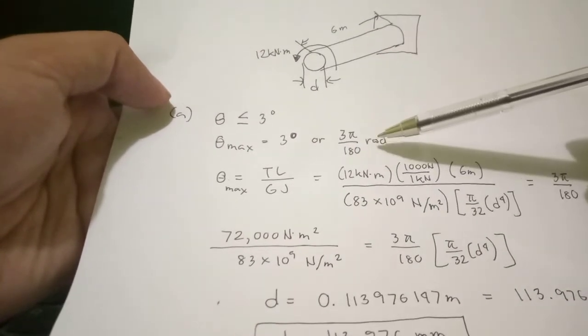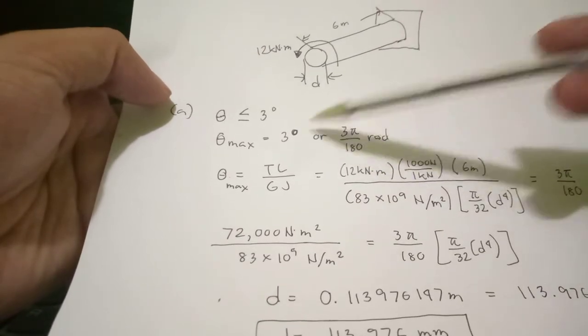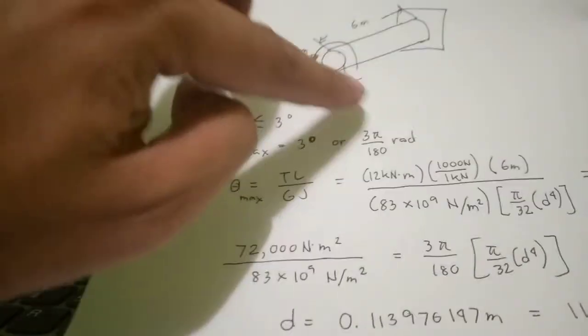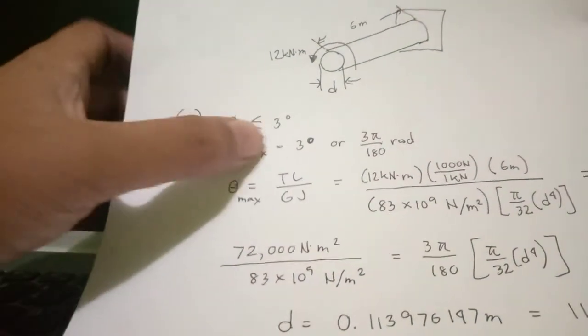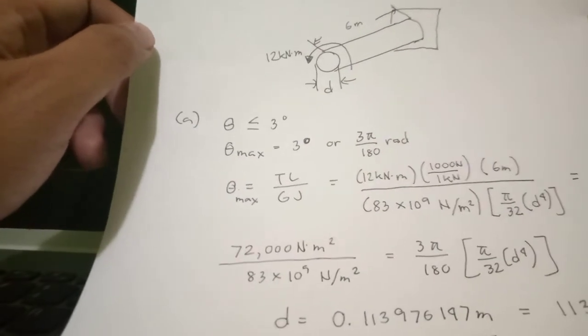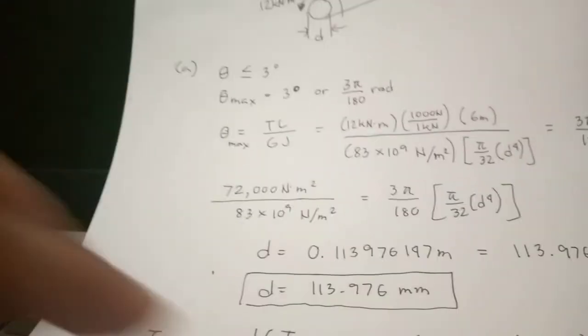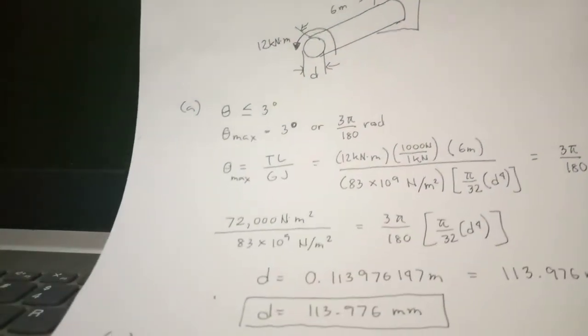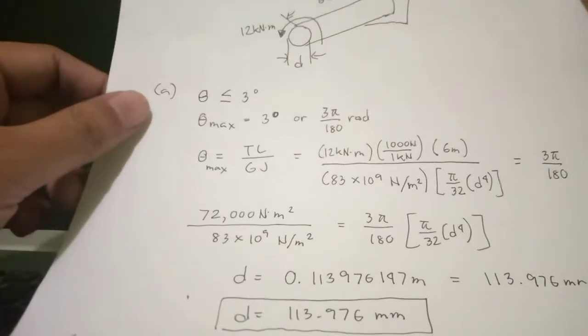In order to convert these degrees into radian, you multiply by pi over 180. So 3 degrees times pi over 180 results to 3 pi over 180 radian. You cannot equate directly the degrees. You should convert it into radian so that you will not get an erroneous answer.